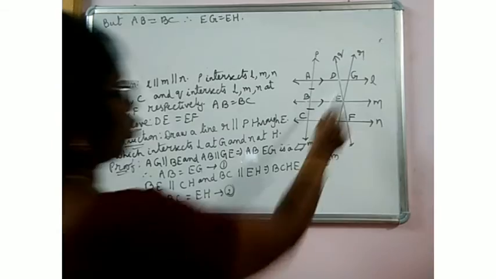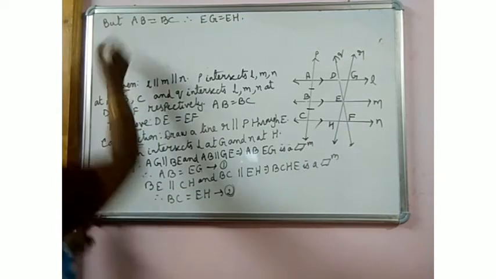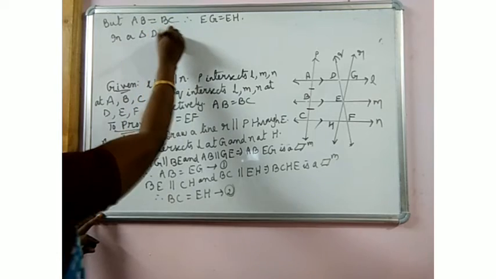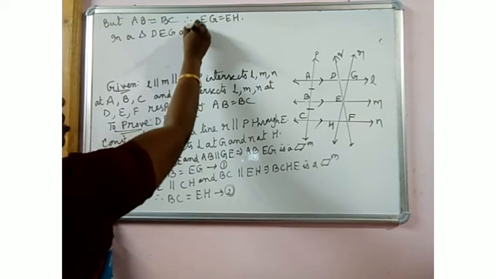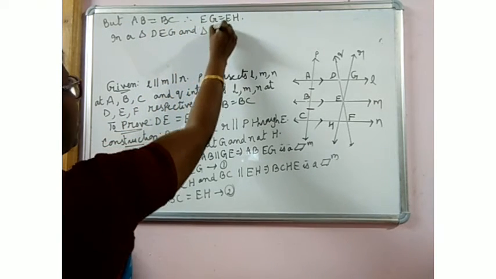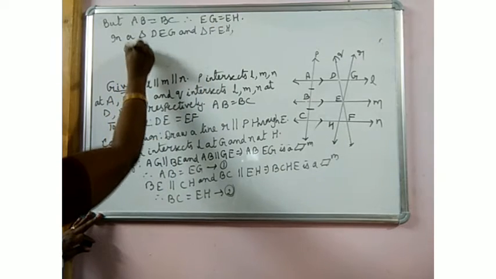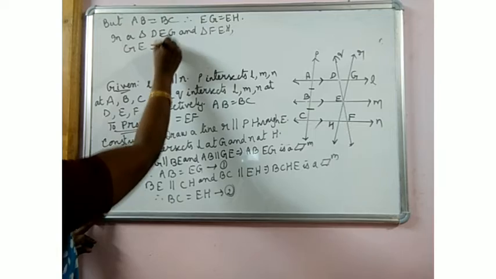Now let us work out how to make these two triangles congruent. In triangle DEZ and triangle FEH, we just got that ZE is equal to HE.